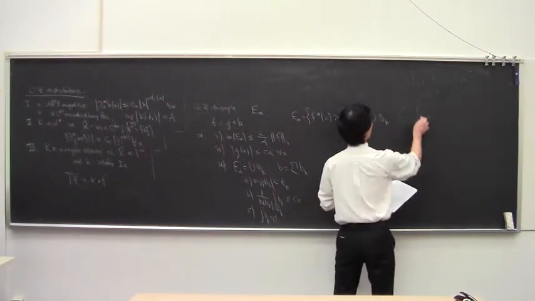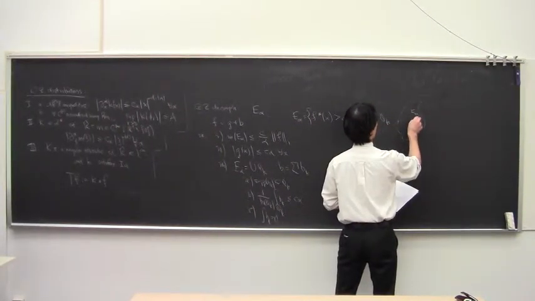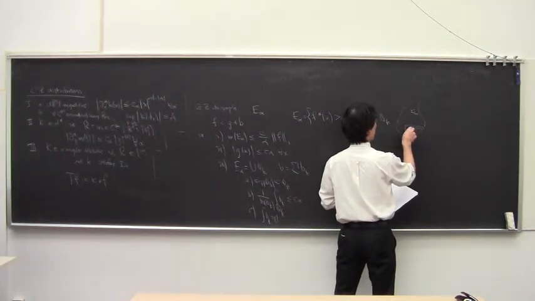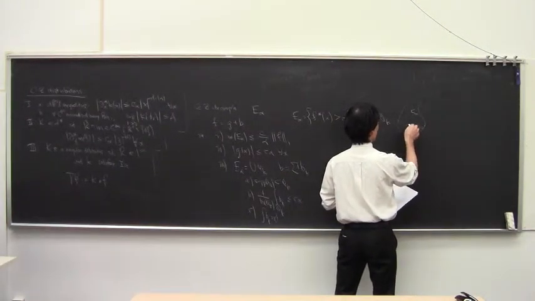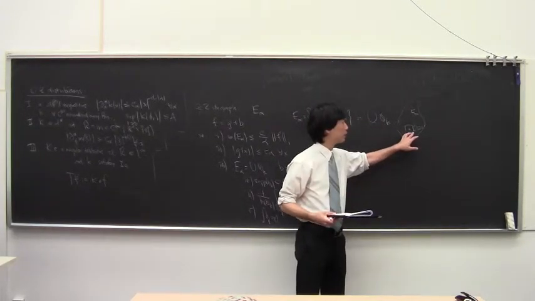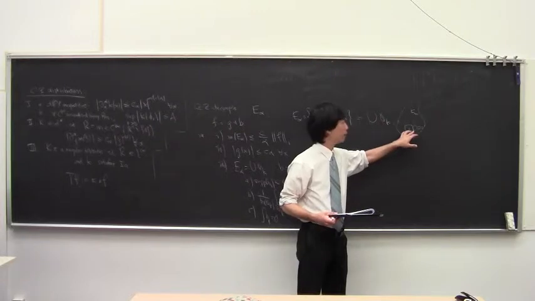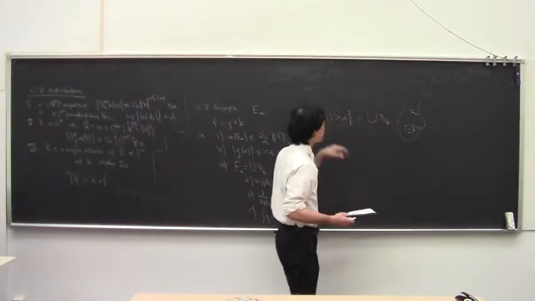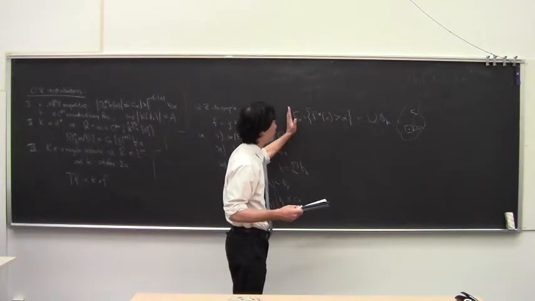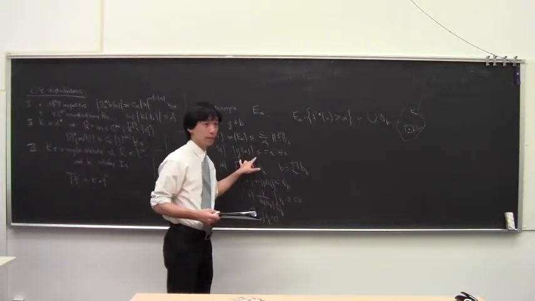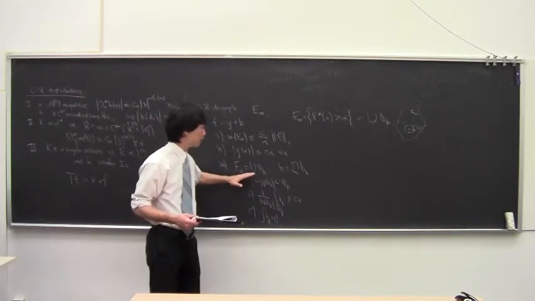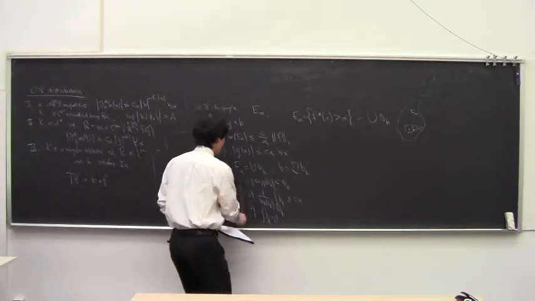So here's E alpha, it has a Whitney decomposition. For any point inside here, you define g to be the average of f over this cube. And so we showed already that this bound held, and what we need to do now is show that this last set works.